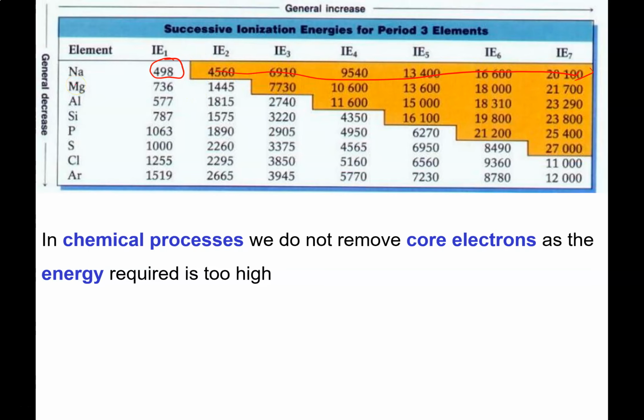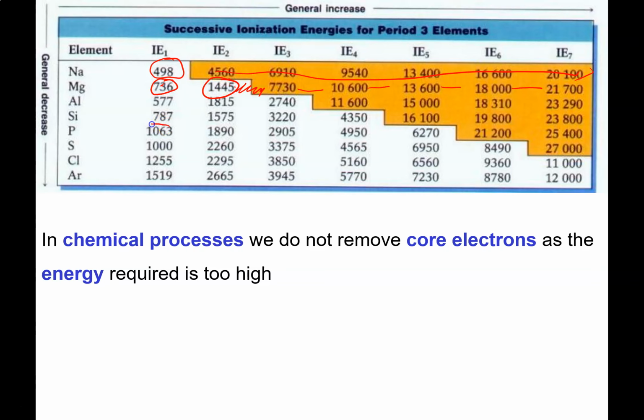When I move on to magnesium, we get a steady increase of about 700 kilojoules per mole from IE1 to IE2, and then there's a massive jump of over 6,000 kilojoules, and then a fairly steady difference between subsequent ionization energies. So this tells us that magnesium has 2 valence electrons.